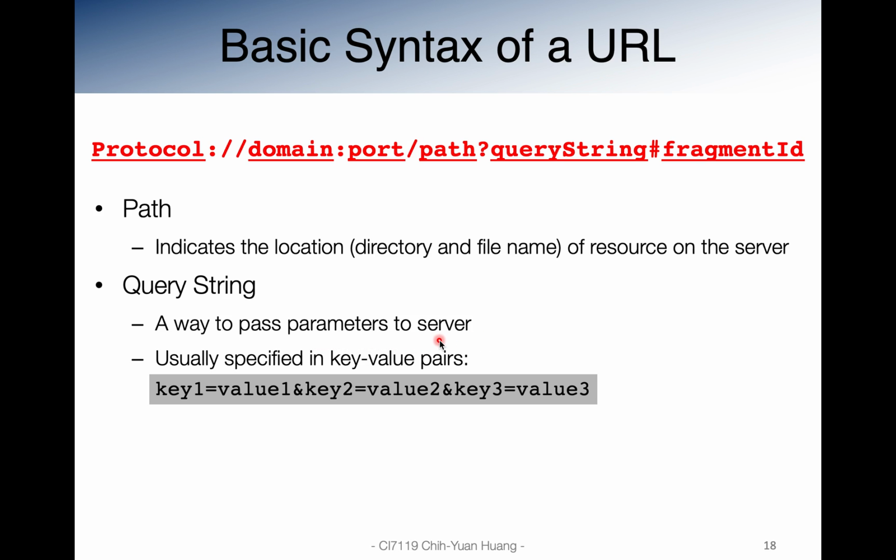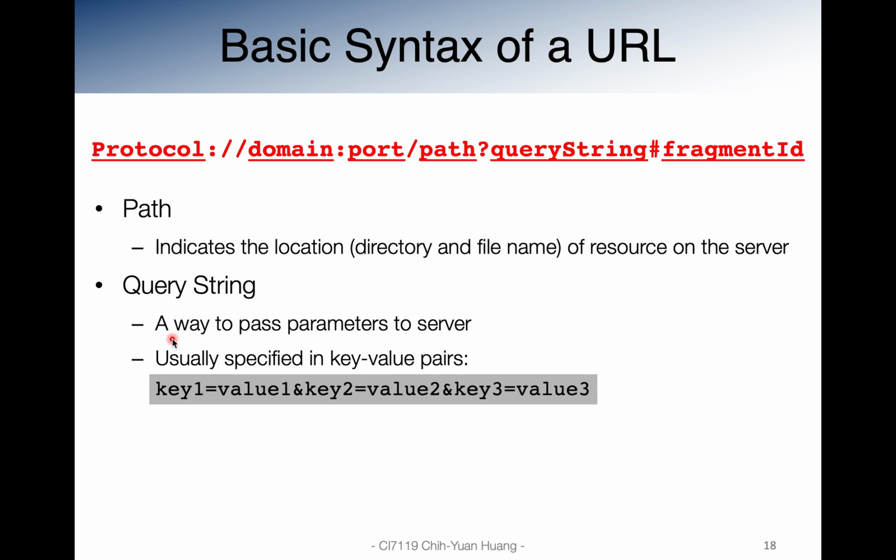So usually when you are sending the HTTP GET request, there's no information embedded in the message body. The HTTP GET request only uses the URL and sends that URL to the service. And when you are doing that, sometimes you need to transmit some information from the client side to the server side. In that case, the query string is where you can do that.